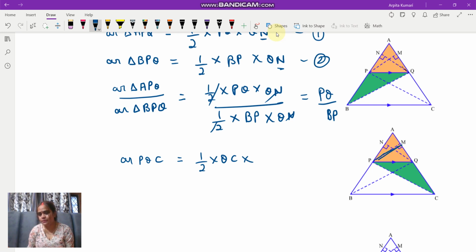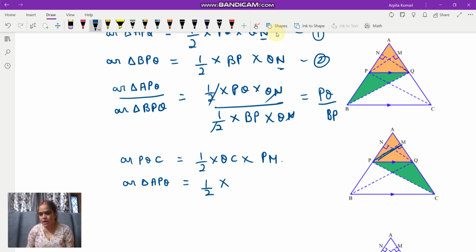And the area of APQ, we will take the height PM this time, because in triangle APQ both QN and PM are heights, but this time we consider PM as the height.